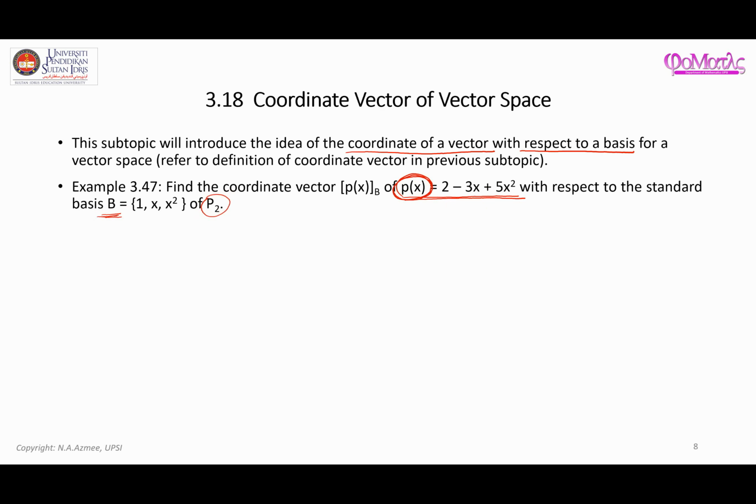Now we can turn this information and write it down in terms of the usual vector notation, which you have already seen in the previous video. When you have a polynomial of degree 2, it has the general form a0 plus a1x plus a2x squared.